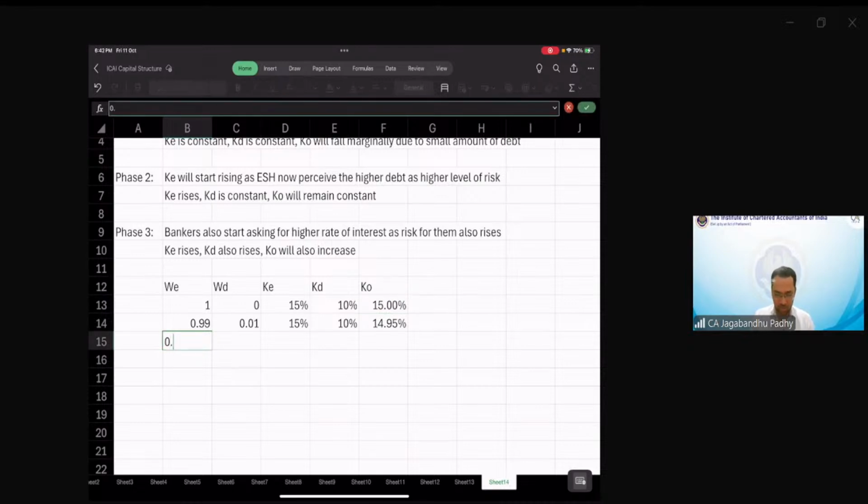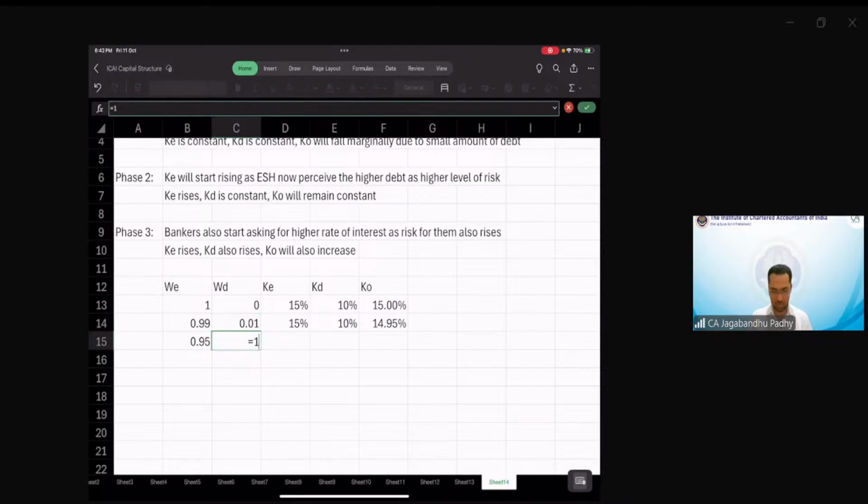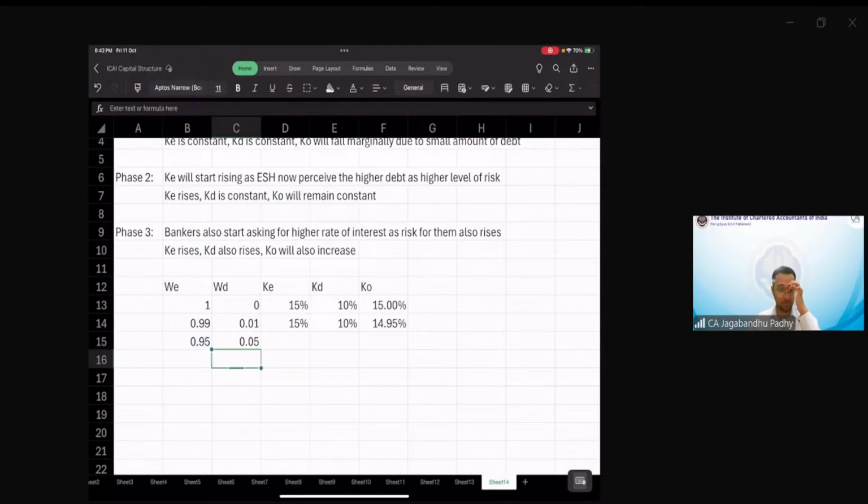Now let's say you take 0.95, and this is like 5% of your total capital. We say that it is still constant, and what we get as the overall cost of capital is 14.75%. Right?